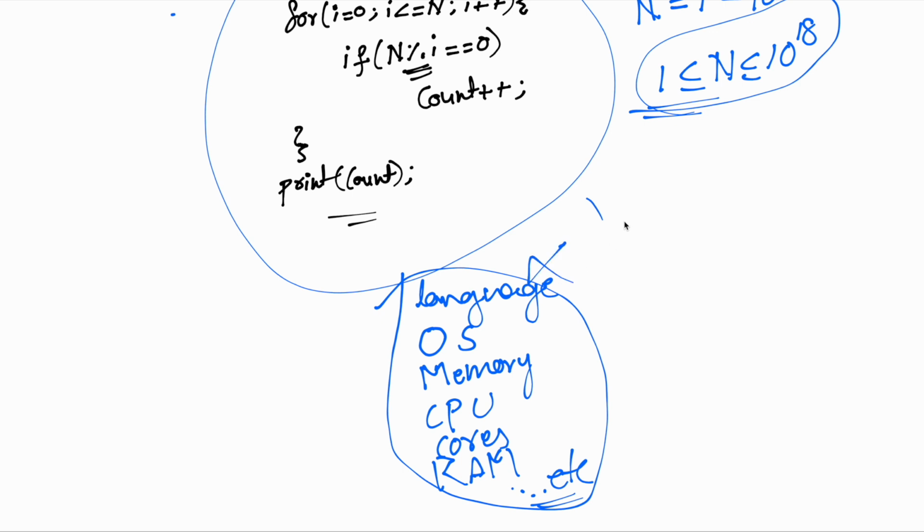It's not right. So what we focus on in algorithms are the loops that are running based on the input size.